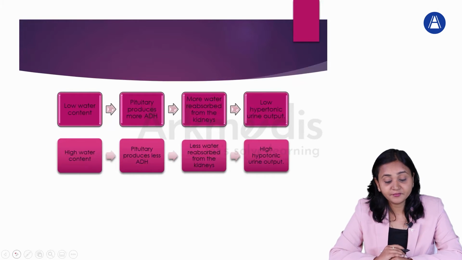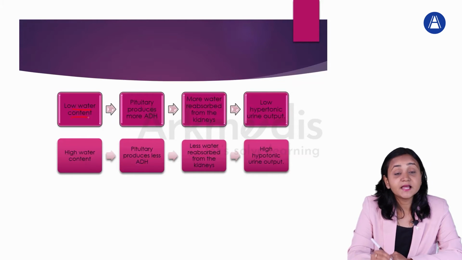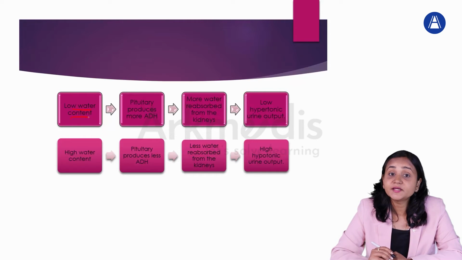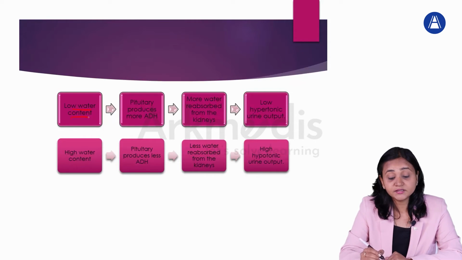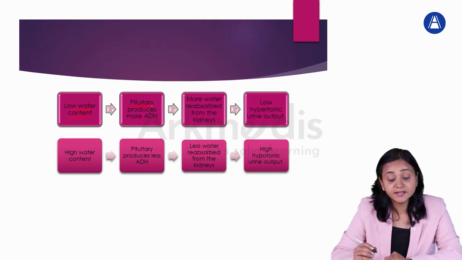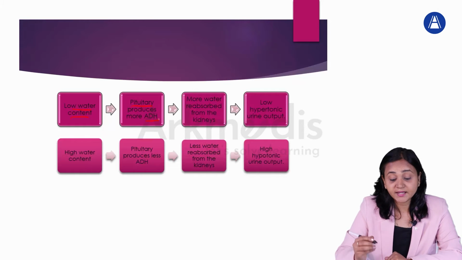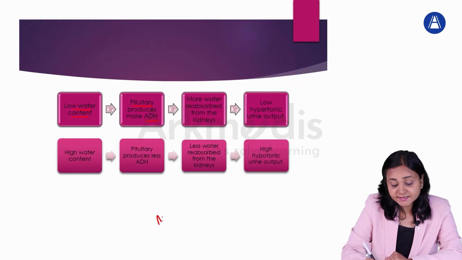In this flow diagram, you can see when there is low water content, meaning there is a lesser amount of water present inside the body, the pituitary gland that is present in the brain produces more amount of ADH. ADH stands for anti-diuretic hormone.